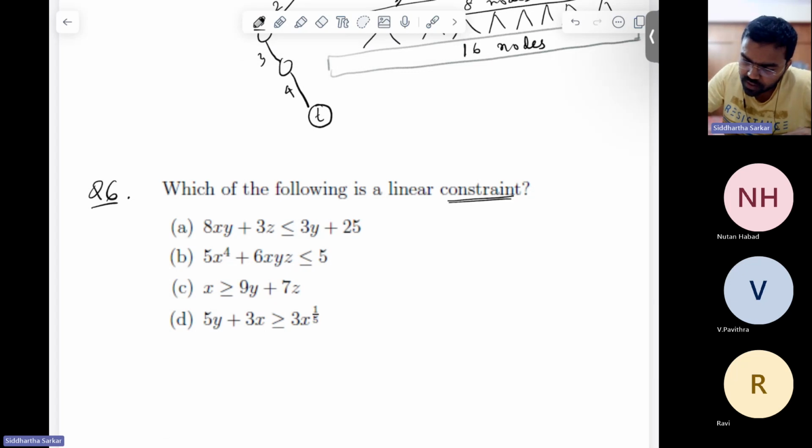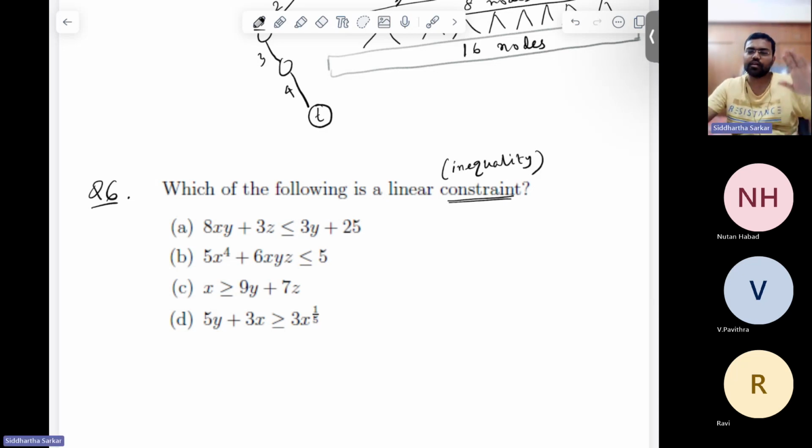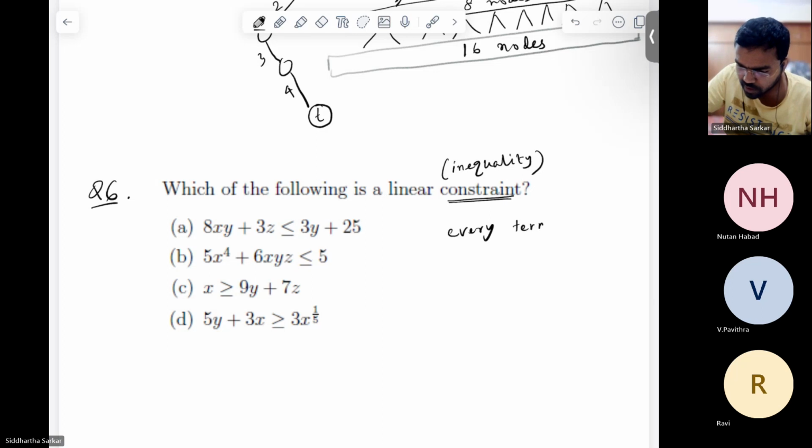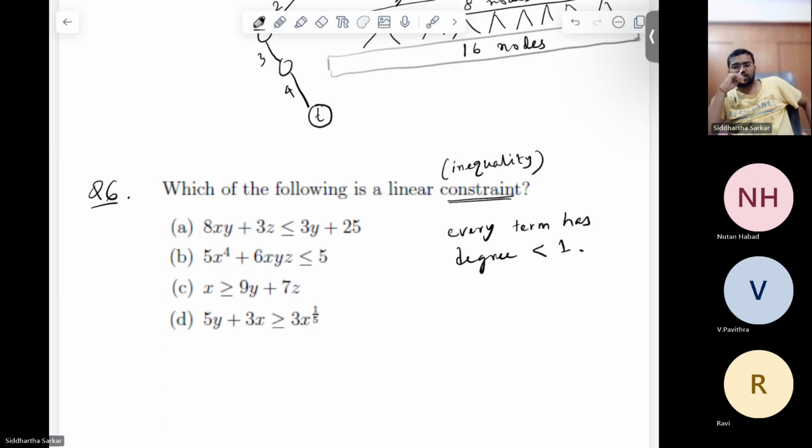Like in this case, each of the options is an inequality. So we'll just say inequality. Which of the following is a linear inequality? Linear inequality means every term has degree at most 1. So that is the definition of linear inequality.